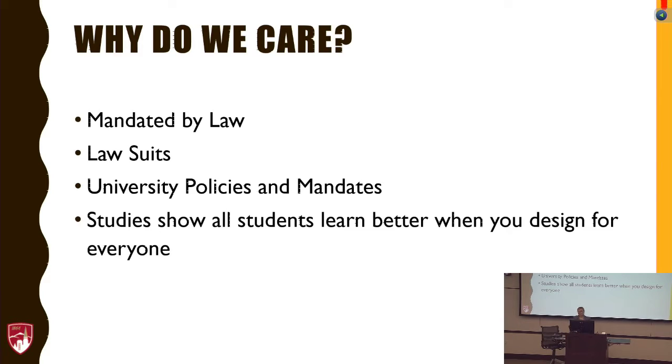So the other thing is because it's ethically responsible, and also there's studies showing that if you design universally for all students, then everyone learns better. We'll talk about this. Captioning is better for all students, and it aids every student when they can read and listen at the same time.